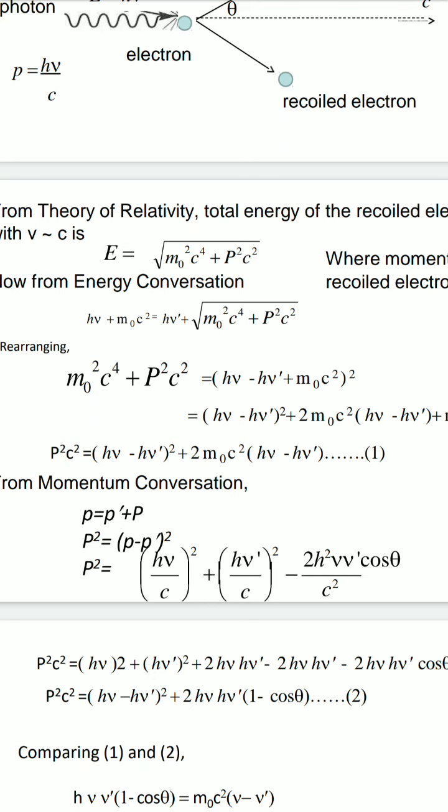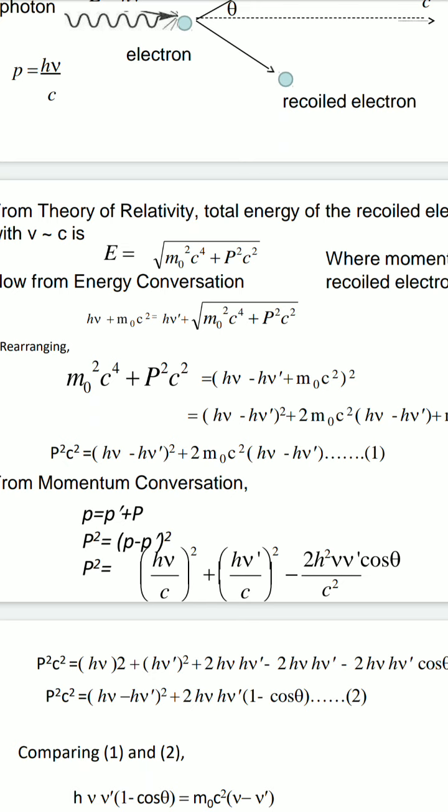Now let us see, again rearranging, taking the square in the bracket here. You have taken the first term as h nu minus h nu dash. So the first term square plus 2 m0 c square into h nu minus h nu dash plus m0 square c raised to 4, the a plus b whole square form.